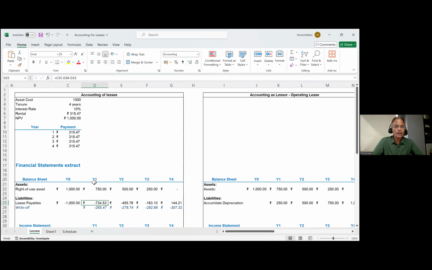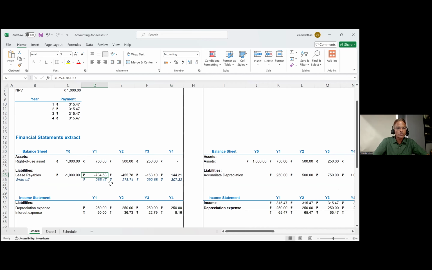Now the lease liability, 1,000. The amount of write-off should be, let me just quickly see if the values are computing correctly. The amount of write-off is C25 minus D38.